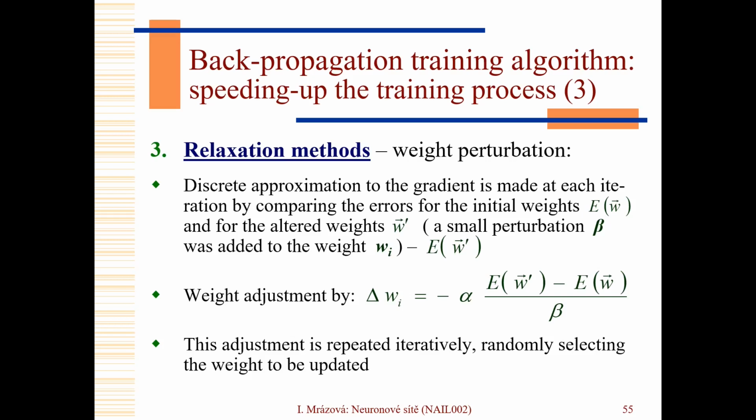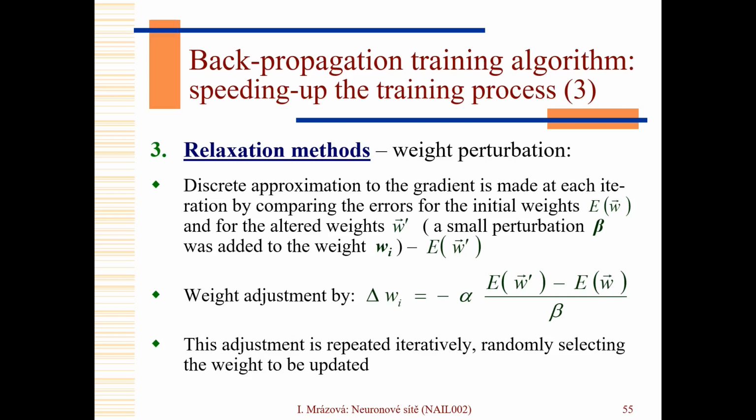In the same way as quickprop used discrete approximation of the second order derivatives, approximating them by the difference of the first order derivatives, here the first order derivatives are approximated by the difference of the error values. The discrete approximation to the gradient is done at each iteration, just by comparing the error values for the previous and next weights.